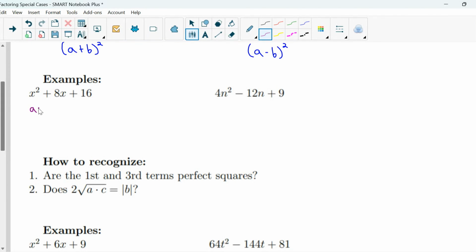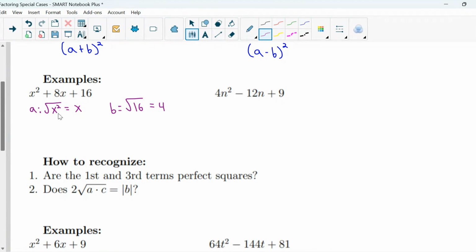So my a value is going to be the square root of my first term, so the square root of x squared, which we know is just x. And my b value is going to be the square root of my last term, which is 16. The square root of 16 is just 4.